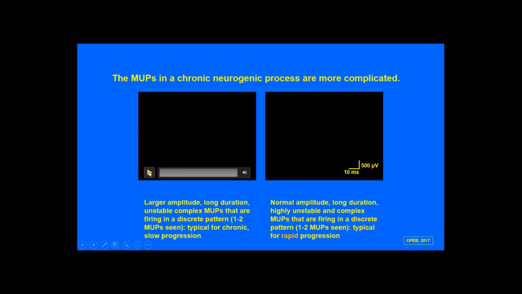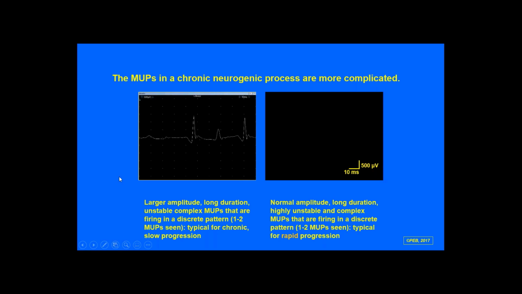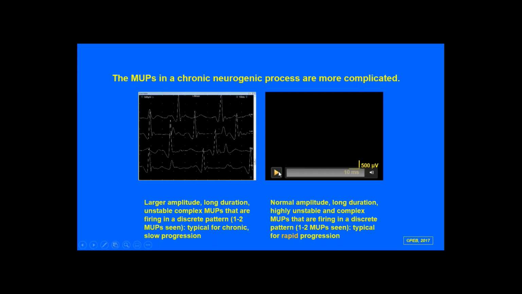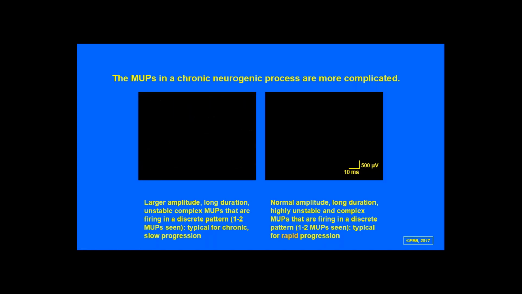All right, so let's look at a more conventional large amplitude MUP we see in chronic and typically slower progressors. And then let's look at a fast progressor, and this is going to sound a bit like a nascent motor unit, but it's not a nascent motor unit.